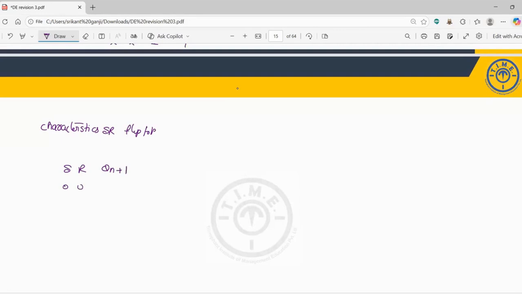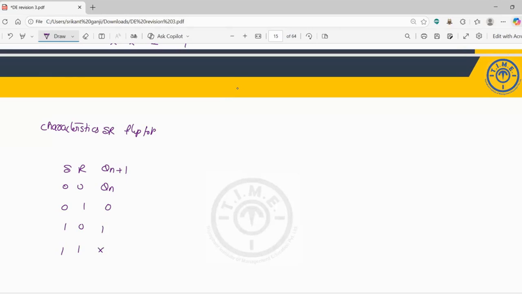So the characteristic table of the SR flip-flop, I can write it as: S and R, and this one is called Qn plus 1. For 0 0, the present state is Qn; 0 1 is 0, 1 0 is 1, and 1 1 is the indeterminate form.